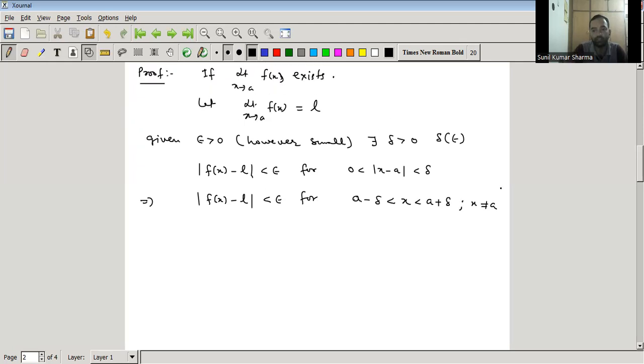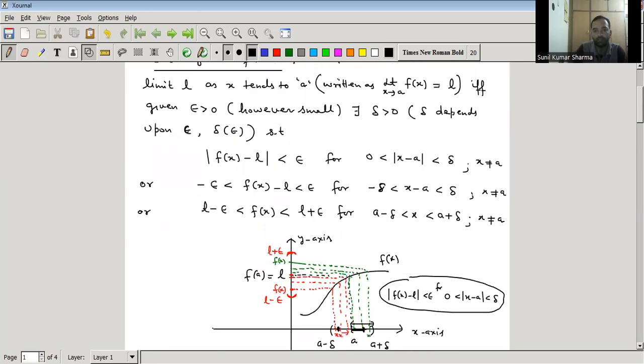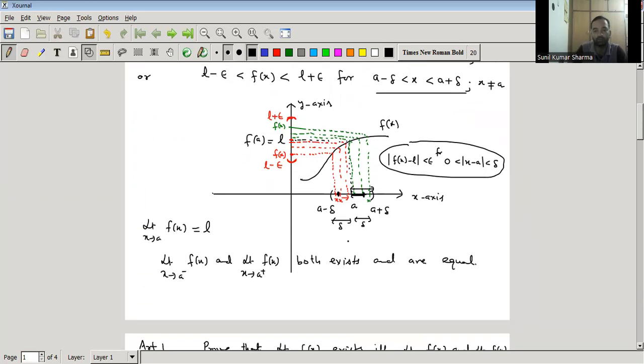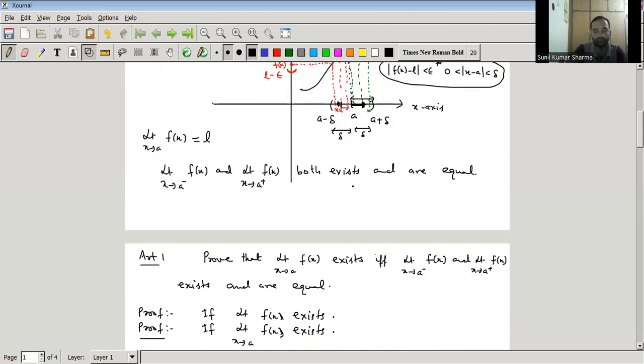We have already discussed this. Right? This x lies between a minus delta and a plus delta. You can take x here, then x lies between a minus delta and a plus delta. If you take x to be here, then x lies between, meaning whatever x you take within this interval, x lies between a minus delta and a plus delta.